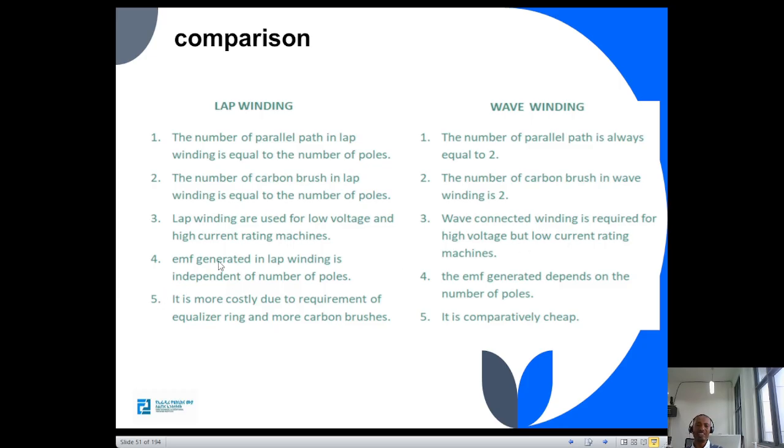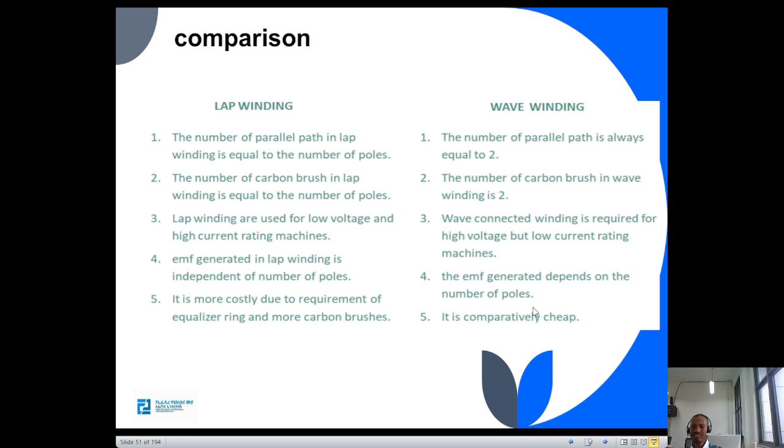And the fourth one, EMF generated in wave winding is independent of the number of poles, but EMF generated depends on the number of poles in the lap winding. Lastly, lap winding is more costly than wave winding because it requires additional equipment like equalizer rings, and more carbons are required because it depends on the number of paths.